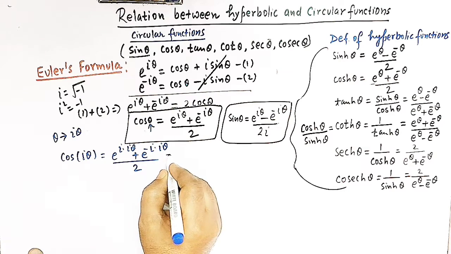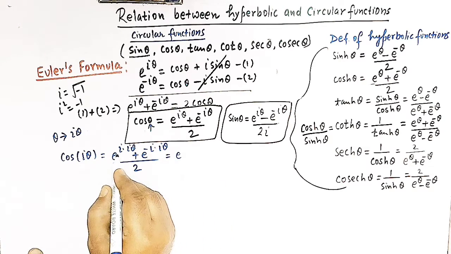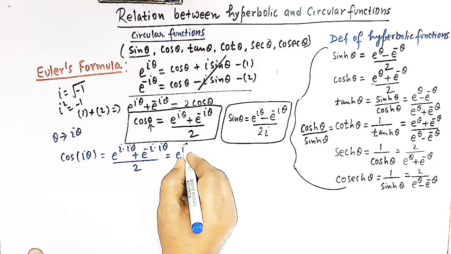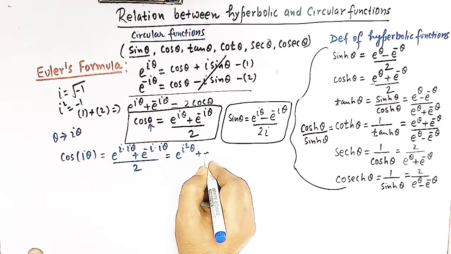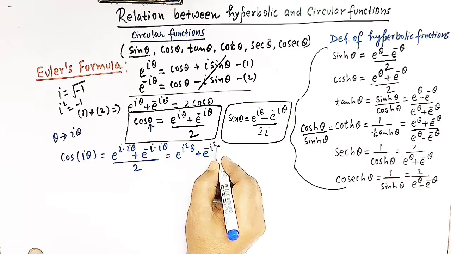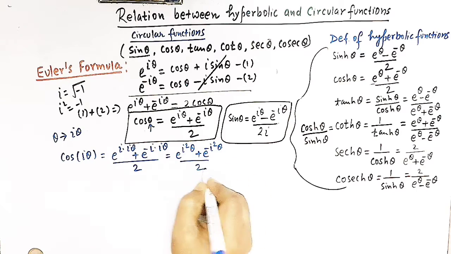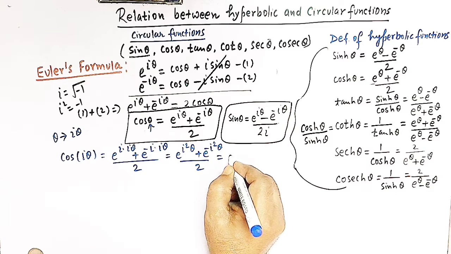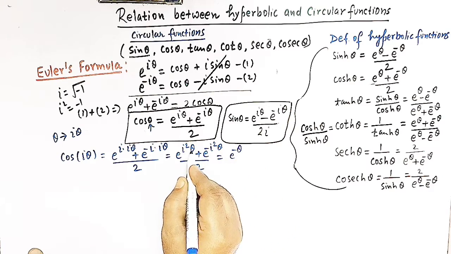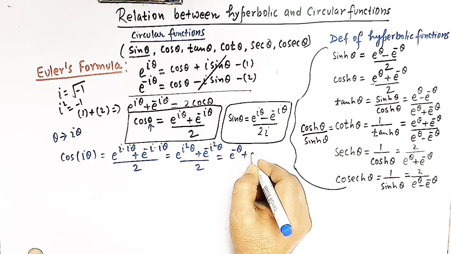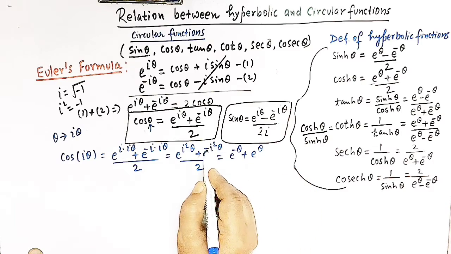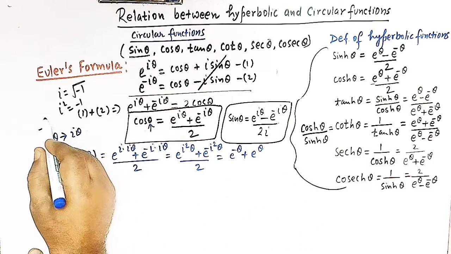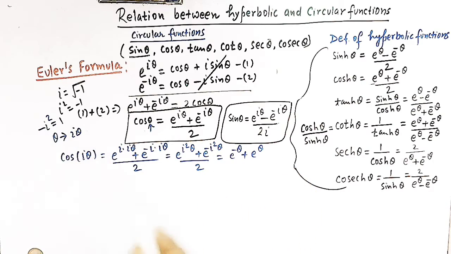So now simplifying it, we have e raised to i times i is i square theta, and here we have e raised to minus i square theta over 2. Now i square is equal to minus 1, so we have e raised to minus theta plus e raised to theta, because minus i square is equal to 1, right?